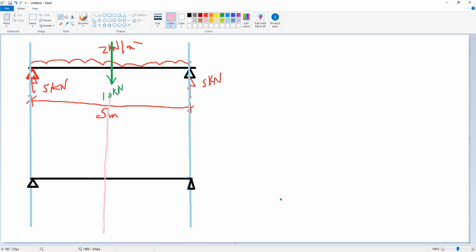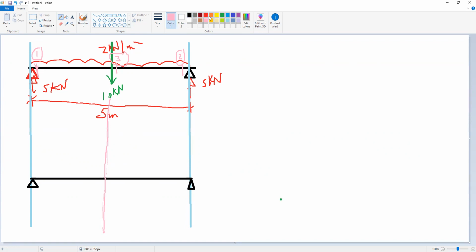And we have two sections also to know. So we have section 1 and section 2, and the maximum moment is in the middle span, which is section 3. Section 1 and section 2 are the two ends of the beam.